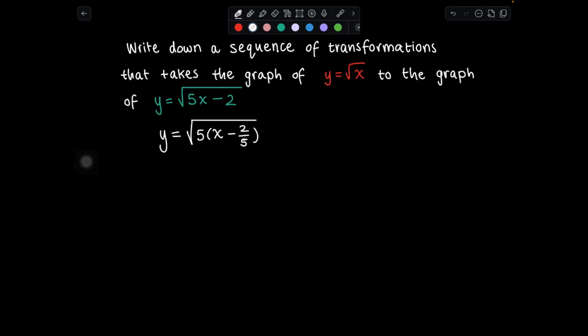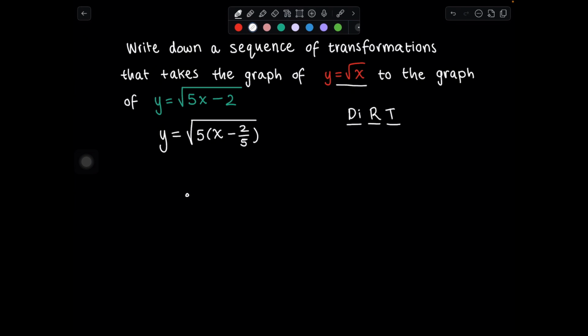Now we can use the acronym DIRT to know the order that we can do these transformations in. This is dilation, reflections, and then translations. But as you do this, it will become more natural as to what we need to look for first. So to get from root x to this, we need to get a 5 in there first. And the way to do that is to replace x with 5x.